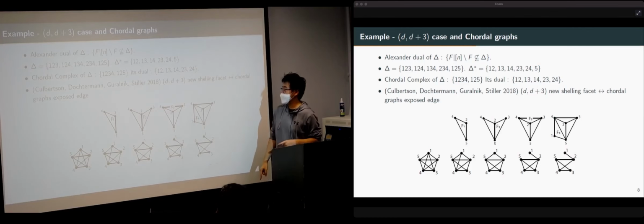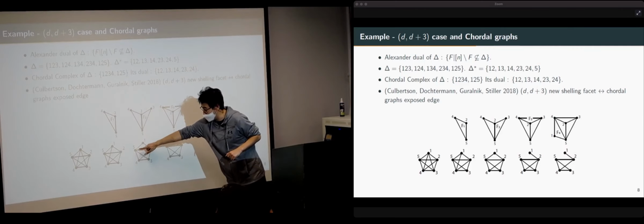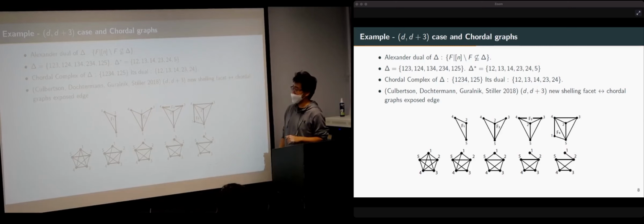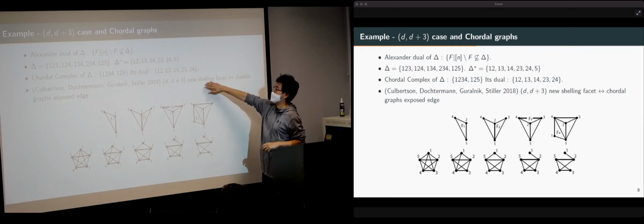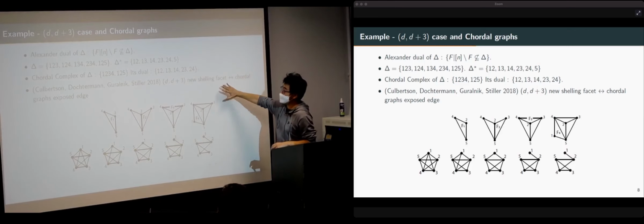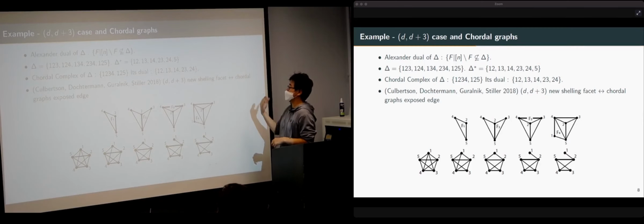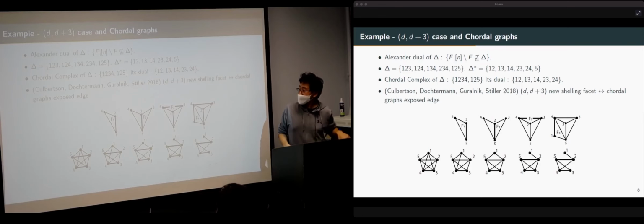The chordal graphs are very nice classes of graphs where whenever you have a cycle, then you're going to have some chords of the cycle contained in your graph as well. So using the fact that in the d+3 case, everything can be encoded in terms of those chordal graphs, that's how these people show that these kinds of complexes are shellable completable. So when codimension is 2, you basically use graph theory.